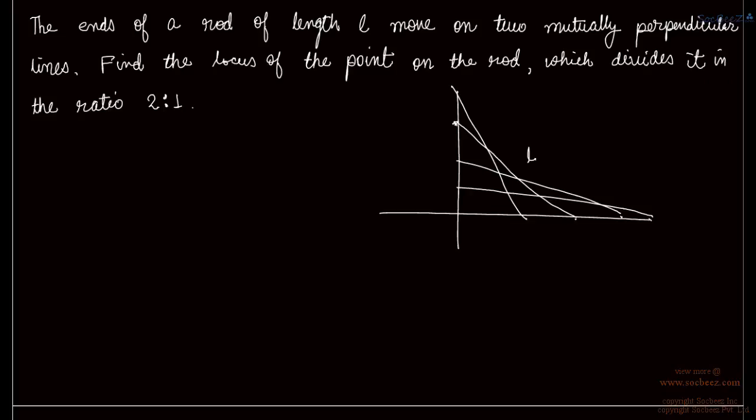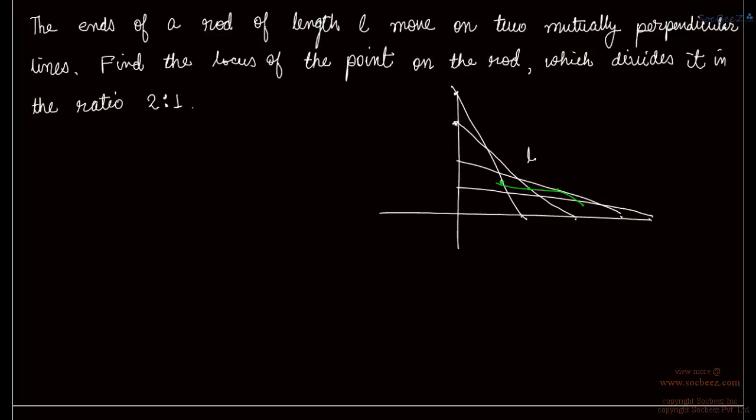So suppose if the rod is here, then a point which divides it in ratio 2:1 is somewhere here. And if the rod is this, this is a point which is dividing the rod in the ratio 2:1. So here the point is this, here the point is this. So we have some kind of geometry, right?